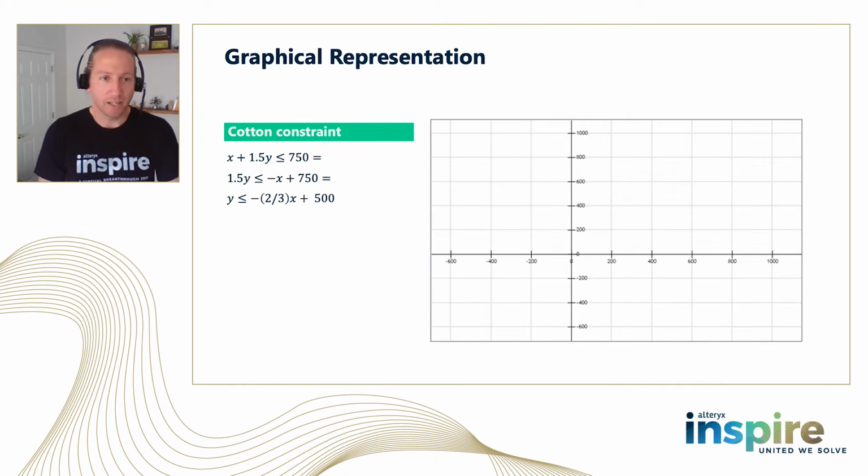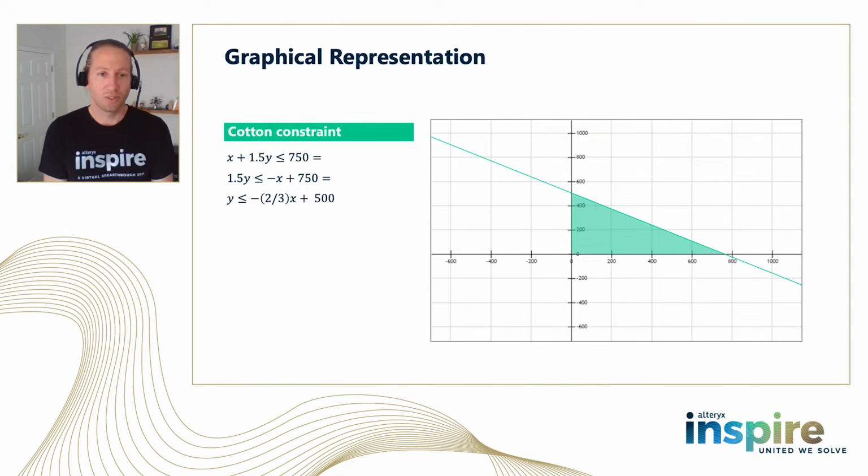We need y to be isolated, so what we do is we divide each side by 1.5, and that's how we end up with y is less than or equal to negative 2/3 x plus 500.